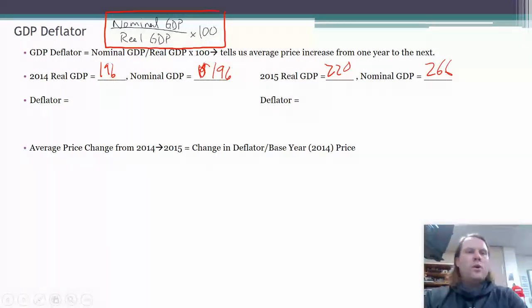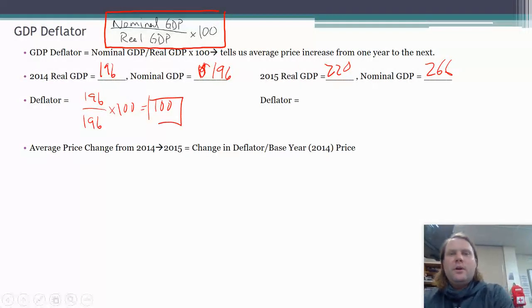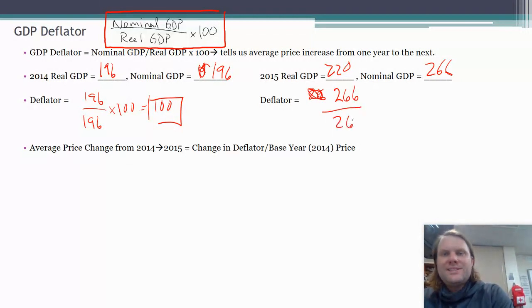So our deflator over here is going to be nominal divided by real. So 196 divided by 196, just to go through the motions here, times 100 is going to equal 100. We need that number. Our deflator over here is 266 divided by 220.